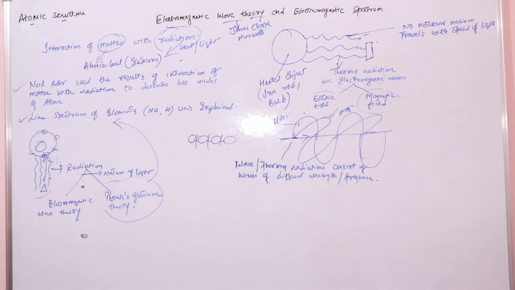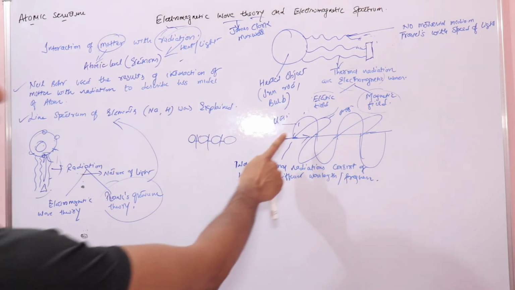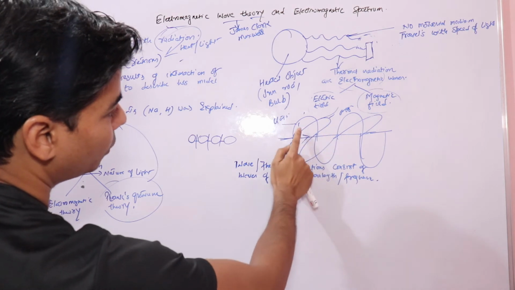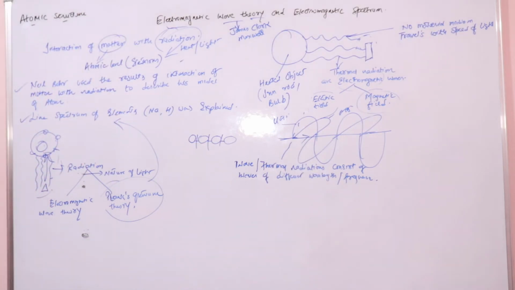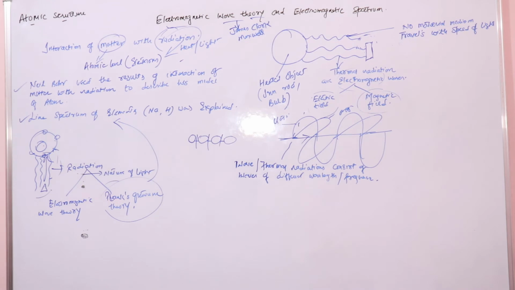That is why we call these electromagnetic waves, right? To be correct, it consists of electric and magnetic fields which are oscillating perpendicular to one another. Like I said, both these electric component and magnetic component are perpendicular to one another, and to the direction of propagation of the wave. These waves, like I said earlier, require no material medium for propagation.